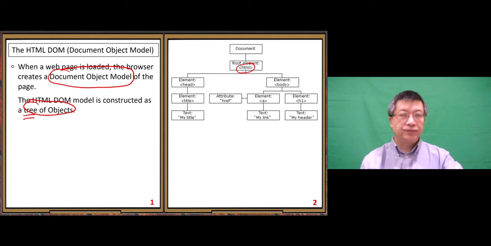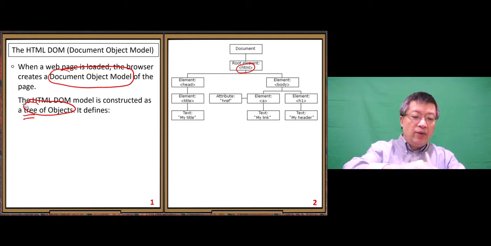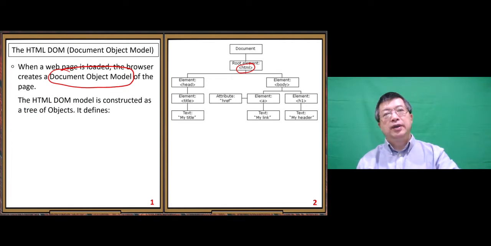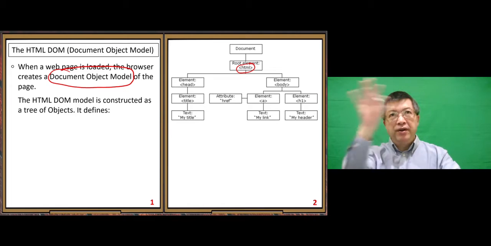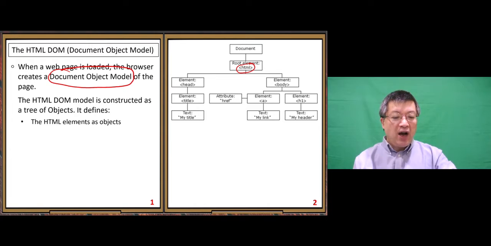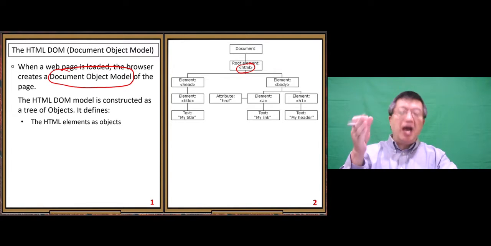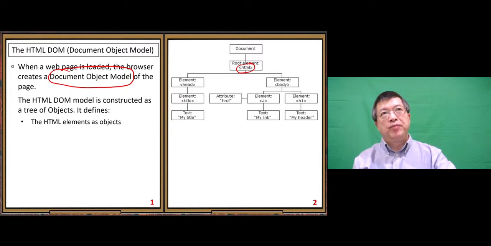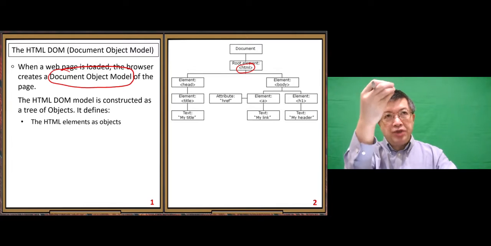Then, with this model, now we can do the processing. We can do manipulations on different elements. It defines HTML elements as objects, so many objects. Each element corresponds to one object, so you can manipulate any element using that object.